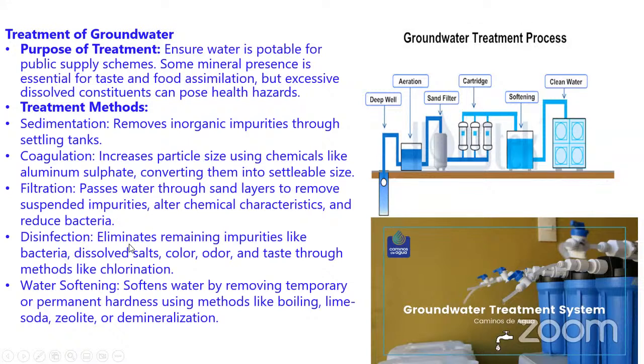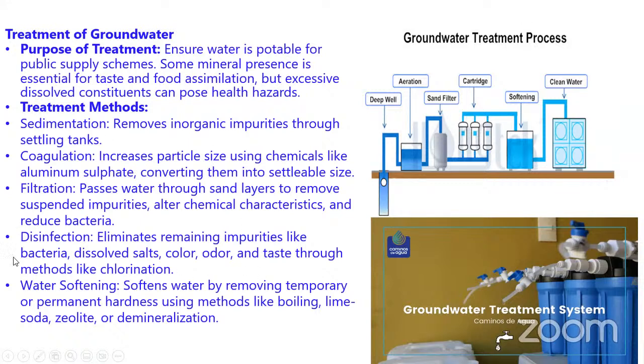After that, disinfection eliminates remaining impurities like bacteria, dissolved salts, color, odor, and taste through methods like chlorination. And water softening softens water by removing temporary or permanent hardness using methods like boiling, lime soda, zeolite, or demineralization process.